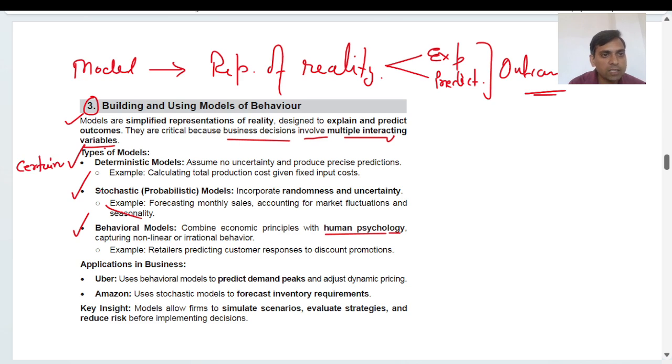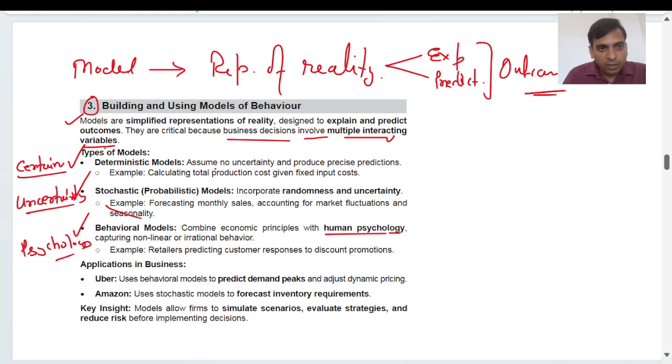And this stochastic model is based on uncertainty. And this is based on human psychology.